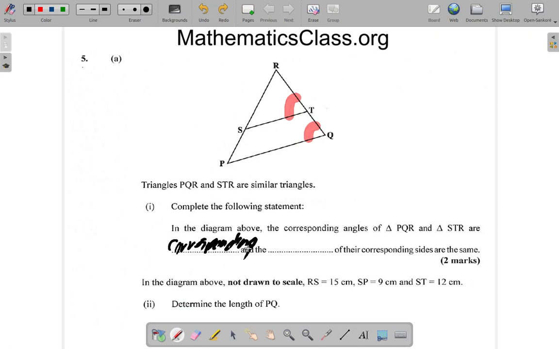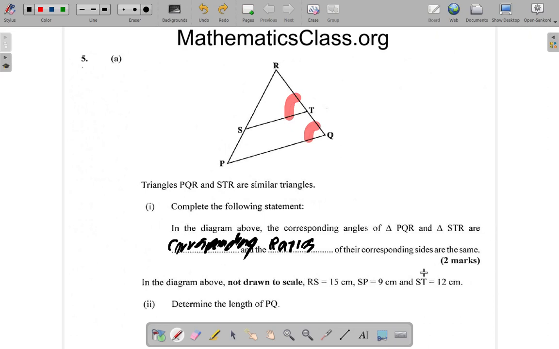My handwriting is not first class here, trying to fit this in within this space, but it's corresponding, and the ratios of their corresponding sides are the same.